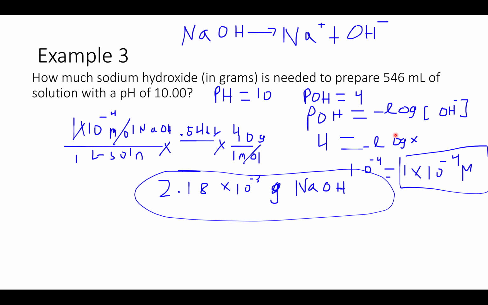We solved for the negative inverse, and we got 1 times 10 to the negative fourth molar of hydroxide ion. Or, since it's a 1-to-1 ratio, 1 times 10 to the negative fourth moles of sodium hydroxide per 1 liter of solution. That's the molarity. We took the liters of solution that we were given, canceled it, and used the molar mass to find the grams of sodium hydroxide.